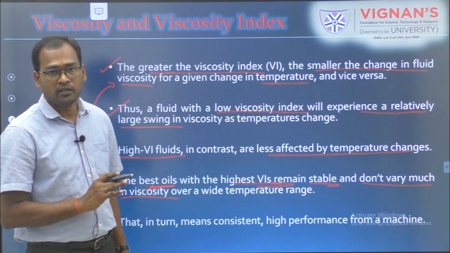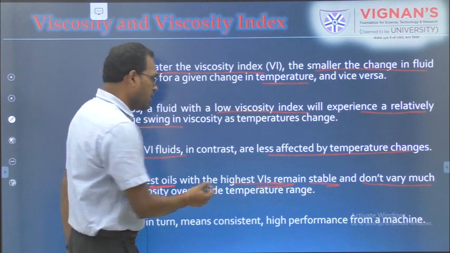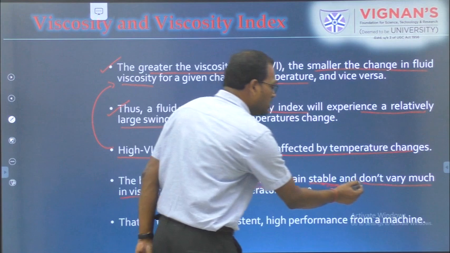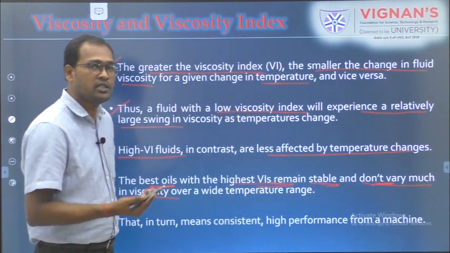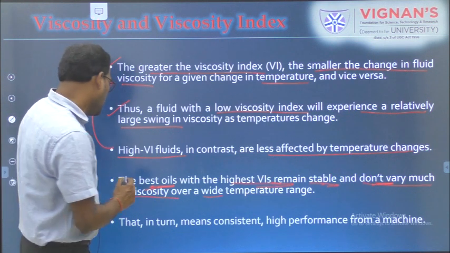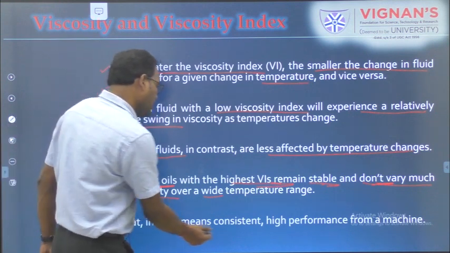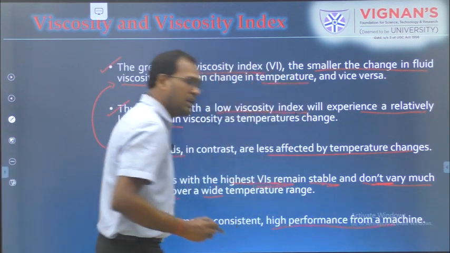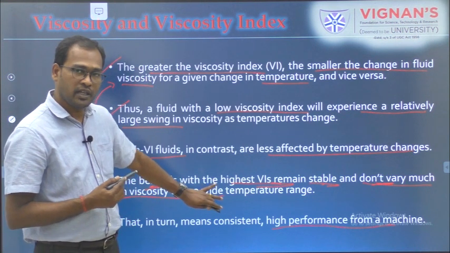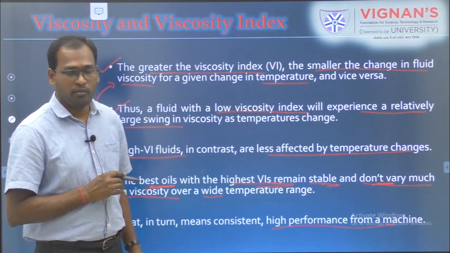Very good lubricating oils will have the highest viscosity index, and this makes the material stable and doesn't allow it to change its viscosity as a function of temperature. Okay, right? And this means if it is not going to change, the performance of the material or the machine will be enhanced, right? So, the performance of the material is going to be enhanced because of this lubricating property. Okay, right?